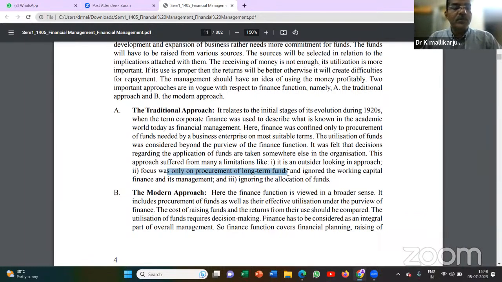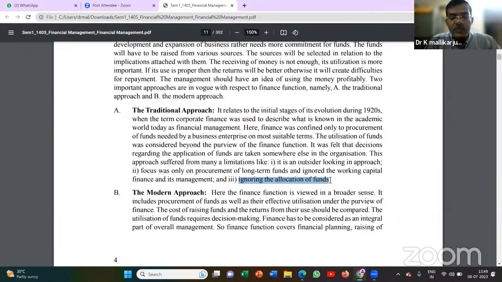But today, in emerging times, every day is very important. In 1 week, 1 month, 3 months, a lot of changes happen in business models. In the initial days they ignored total working capital management, and they also ignored the allocation of funds. They focused on one hand on how to procure funds for the long term, but ignored, on the other hand, how to allocate whatever funds they procured.